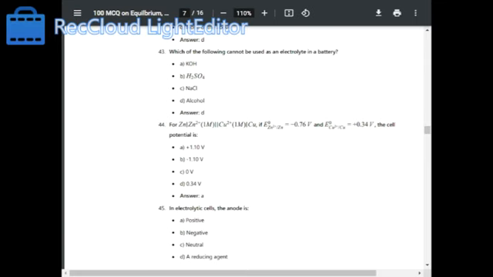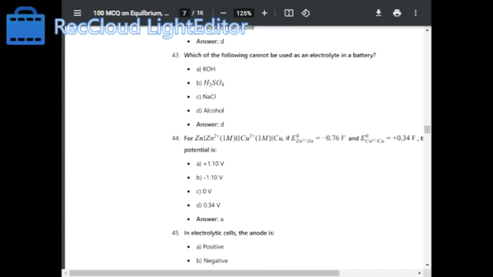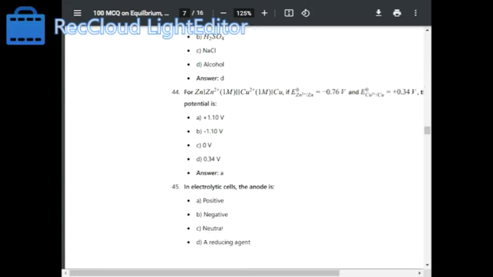Option A is correct. So the cell potential will be equal to 1.10 volt. Hence option A is correct.